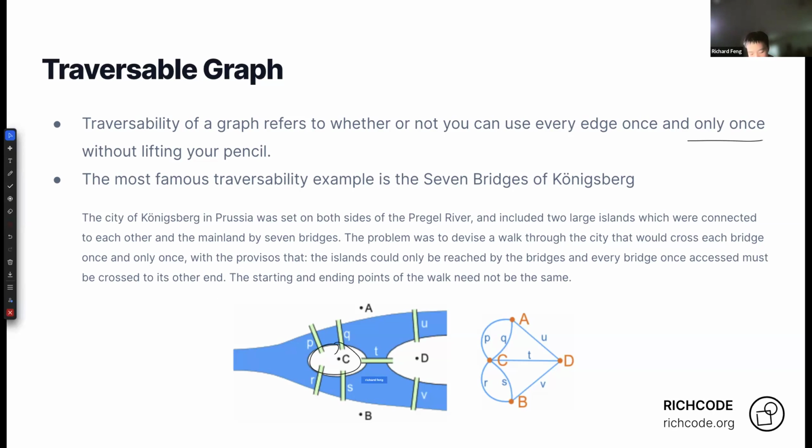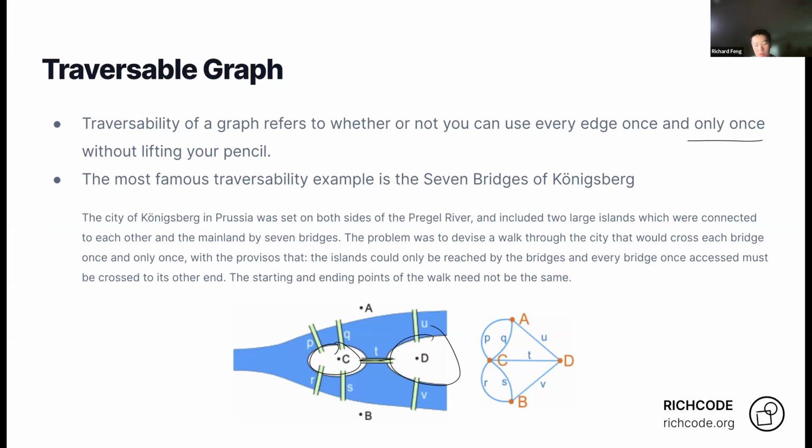So these are the 2 islands, and there are 7 bridges connecting the islands to each other and to the mainland. The problem here is to devise a way to walk through the city that would cross each bridge once and only once. So we want to cross each bridge, but we can only cross each bridge once.